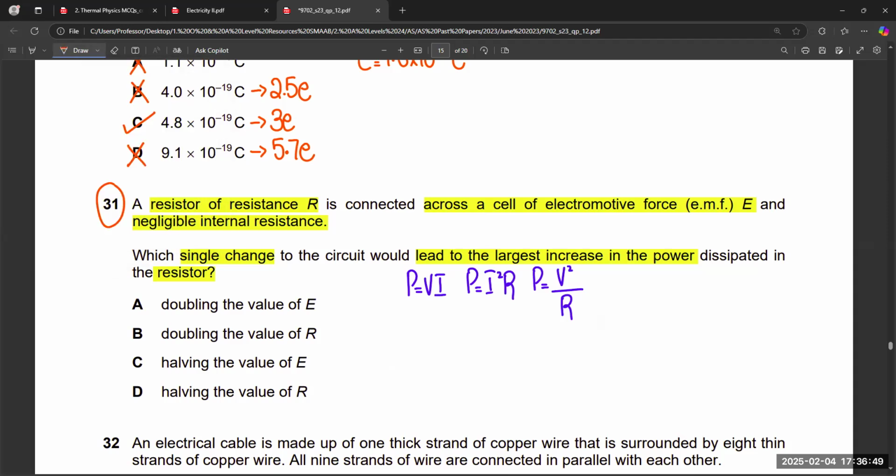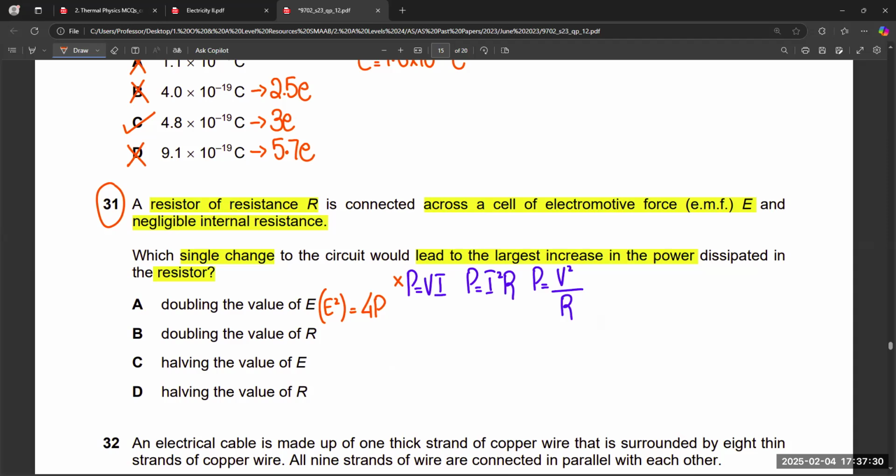We are talking about resistors, so definitely we are not going to use the formula that does not contain resistance. Doubling the value of E, we have to use the last formula, V square over R. Double means 4 times because it is V square, and V square means E square. So the power increases 4 times because the square of 2 is 4. The rest of the values are the same because resistance is not changing.